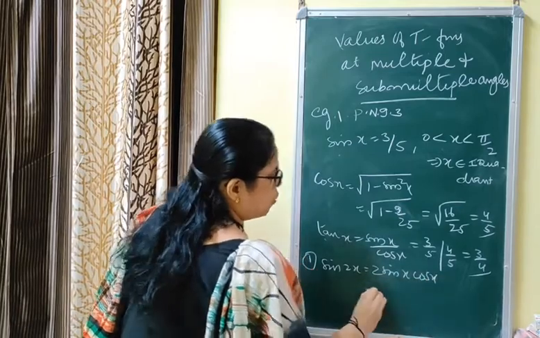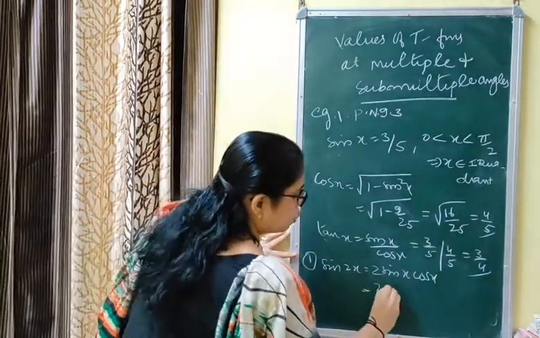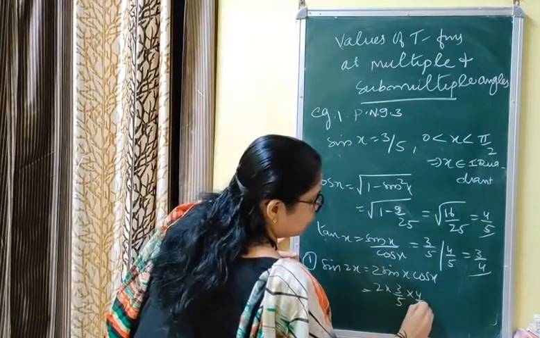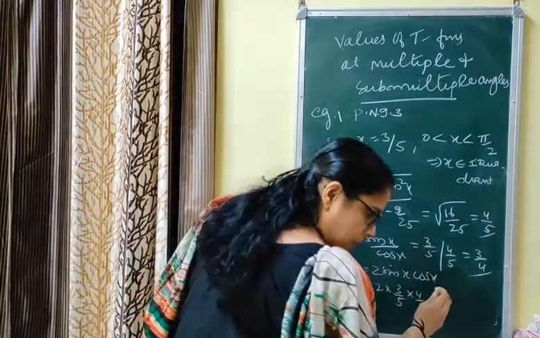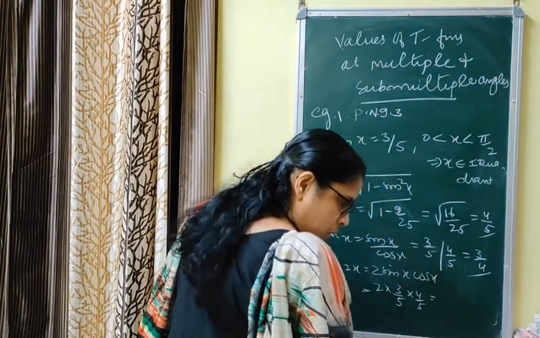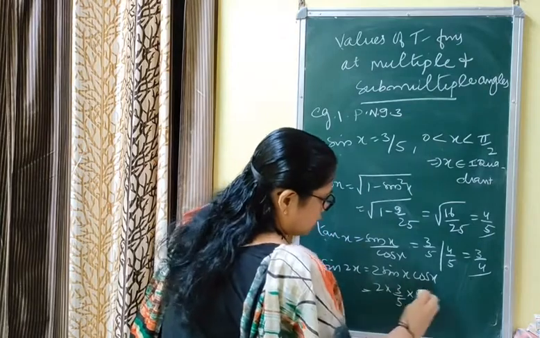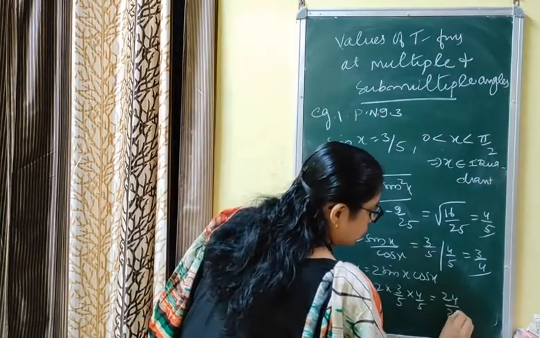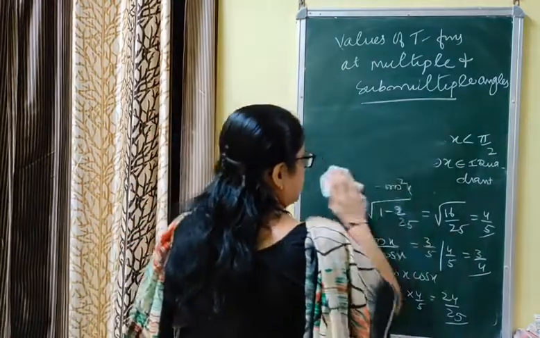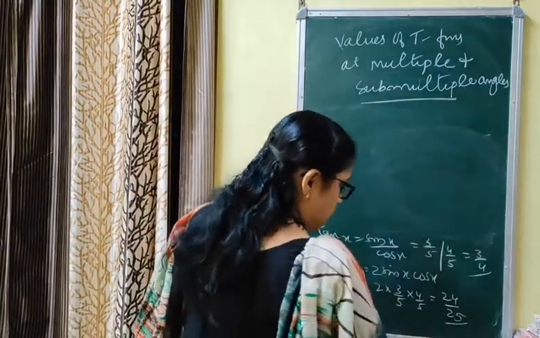We found the value of sin x and cos x, that is 2 into 3 by 5 into 4 by 5. That is sin 2x, 2 threes are 6, 24 by 25. That is first value we have found out, sin 2x equal to 24 by 25.